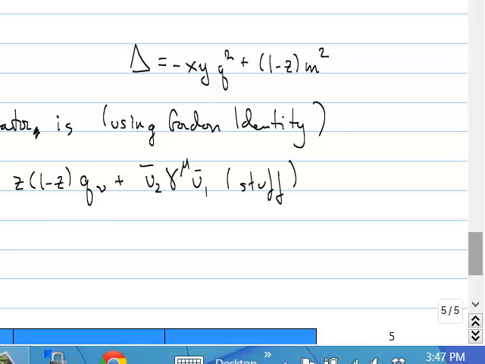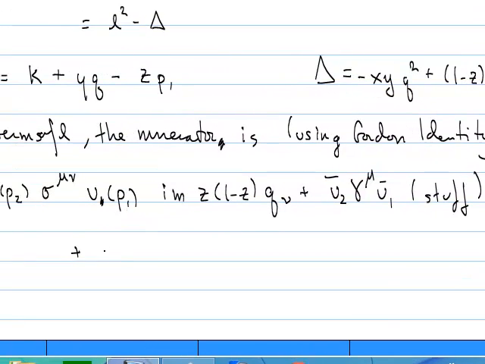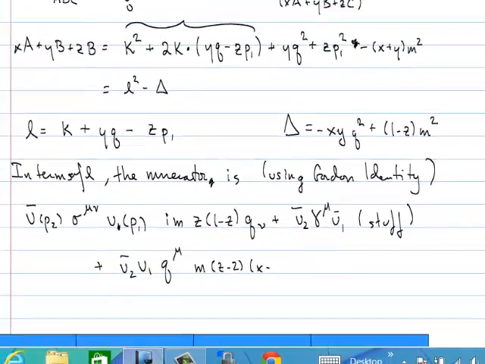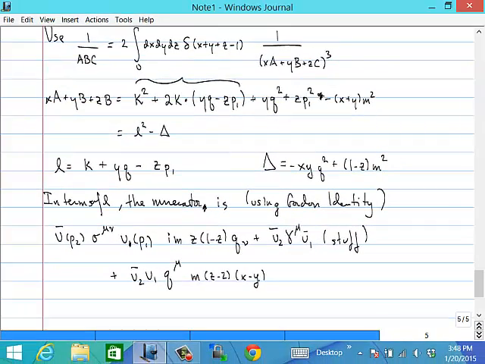And then there's a second term that has a u2 bar u1 times q mu times some other stuff. So there's a z minus 2 and an x minus y. So that term would apparently lead to a contribution to the electron vertex that's proportional to gamma mu.